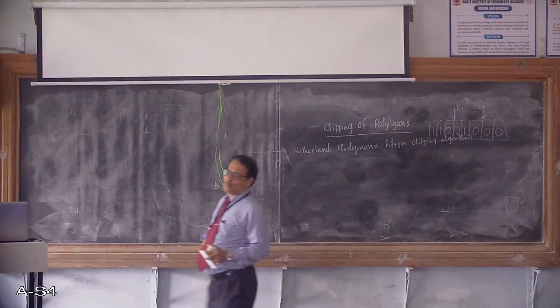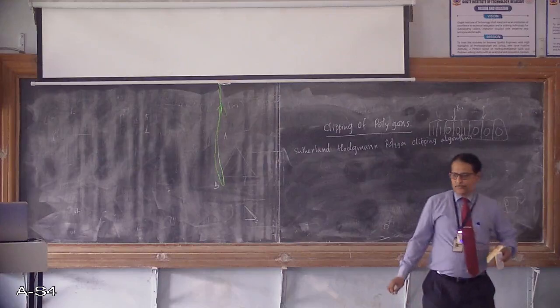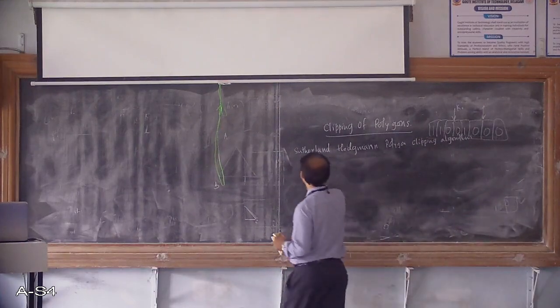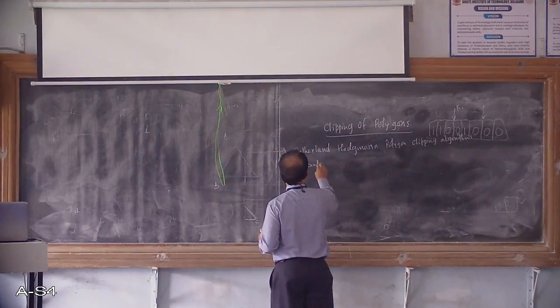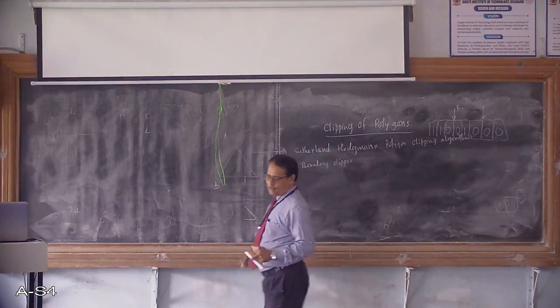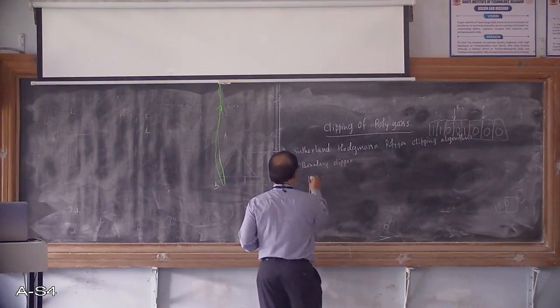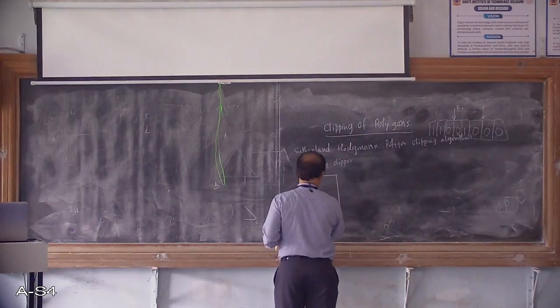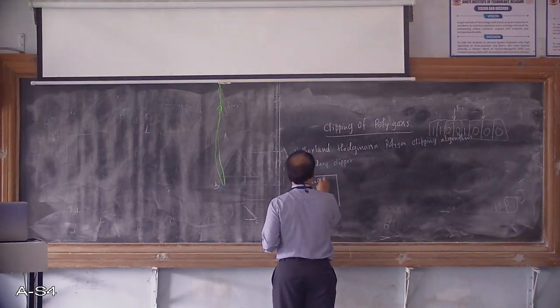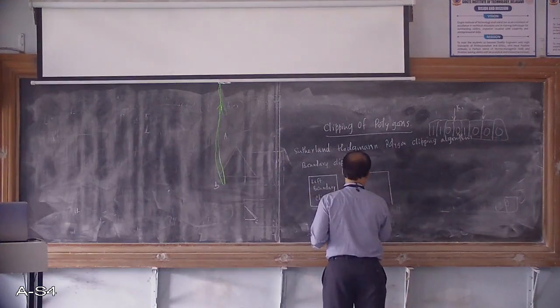The Sutherland-Hodgman polygon clipping algorithm consists of 4 boundary clippers. So the block diagram of the Sutherland-Hodgman polygon clipping algorithm consists of 4 blocks. The first one is known as left boundary clipper. Then right boundary clipper.